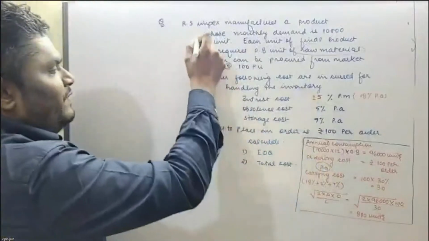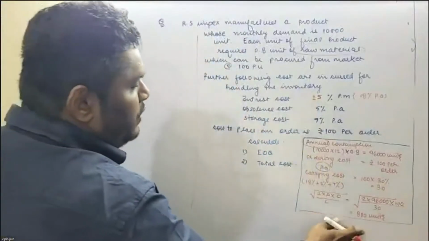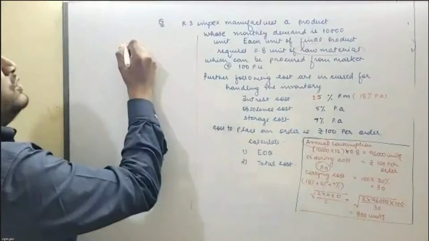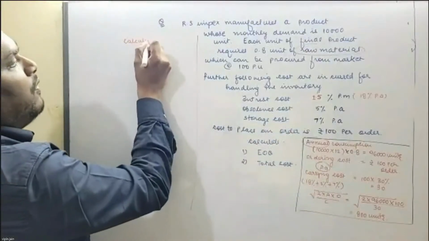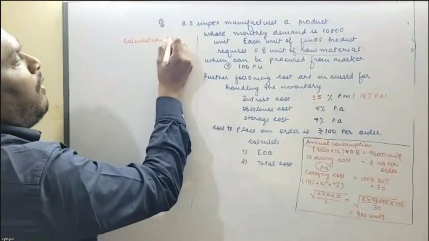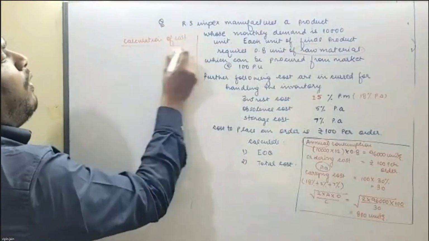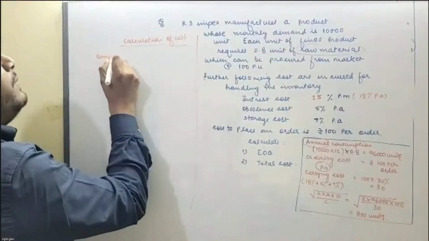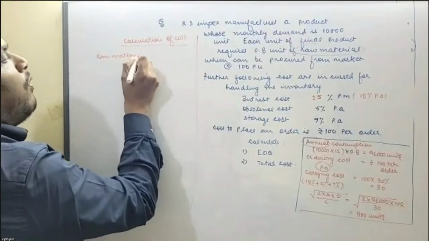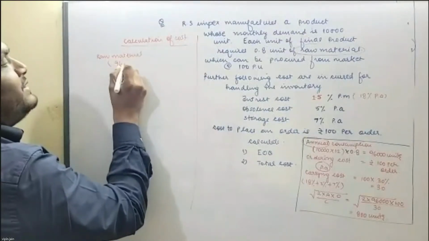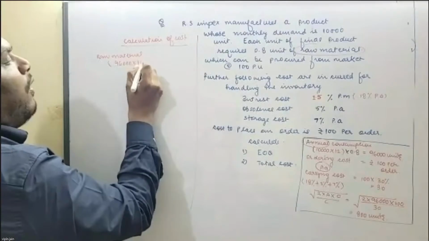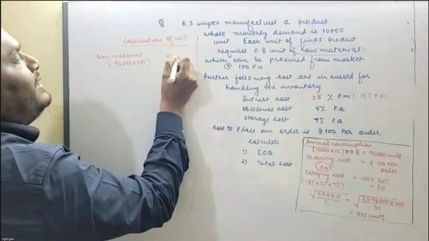So now we have the final order quantity, that is 800 units. So calculation of cost. Raw material cost will be 96,000 into 100. So this will be 96 lakh.